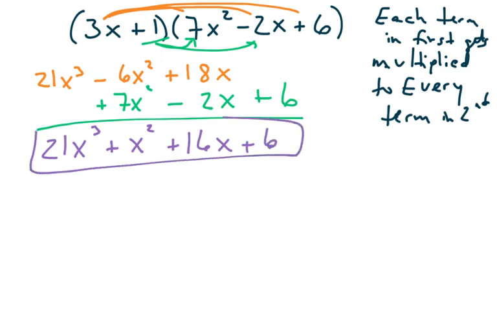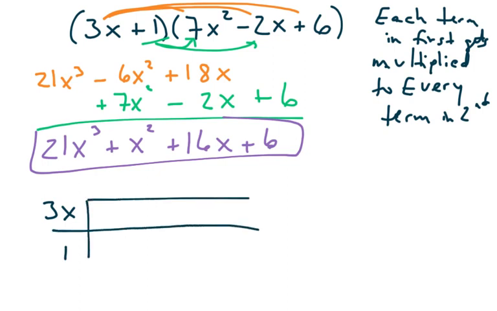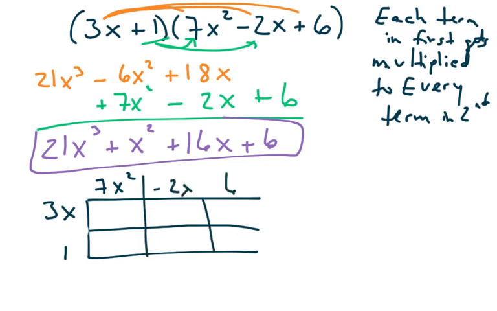Again, we could set this up with the box as well. We can have 3x and a 1 on this side. And then 7x squared, negative 2x, 6 over here.